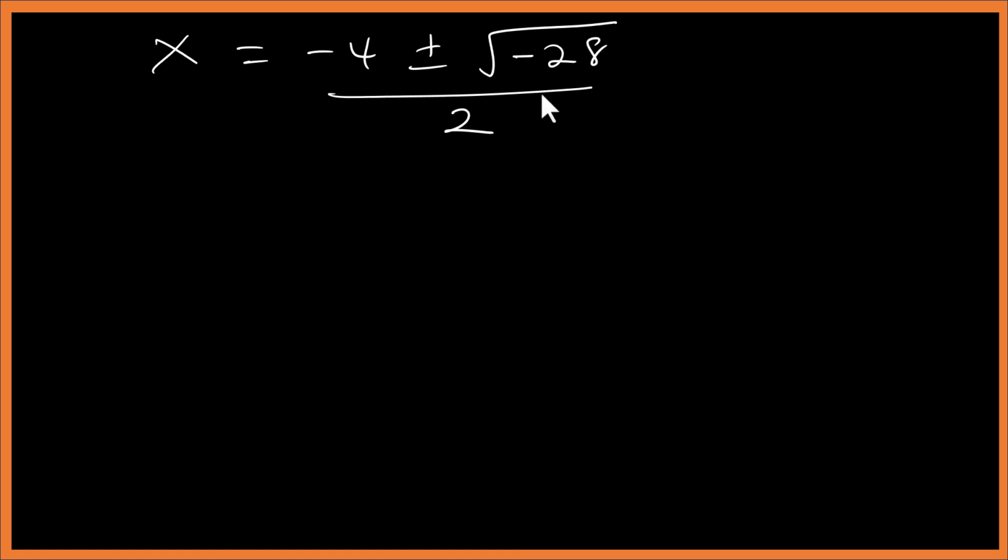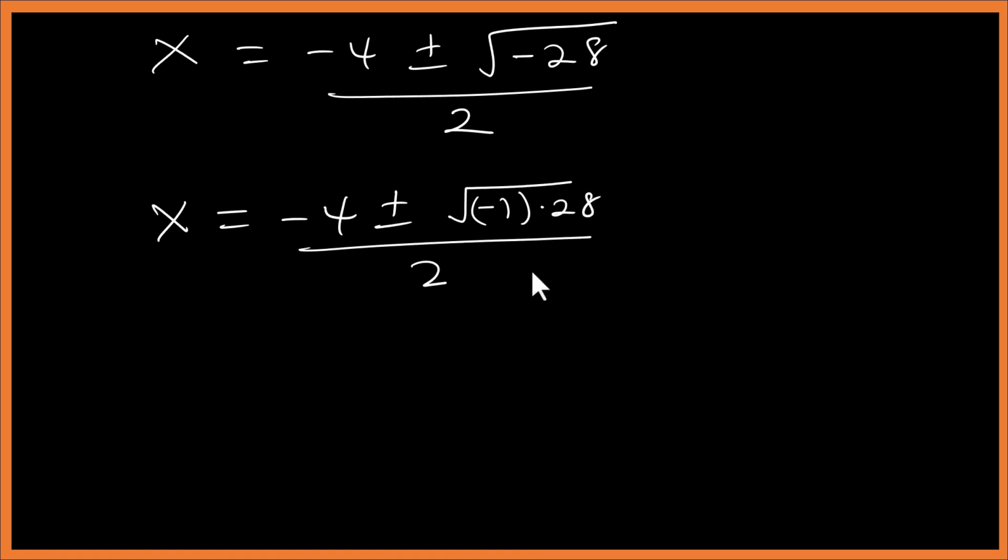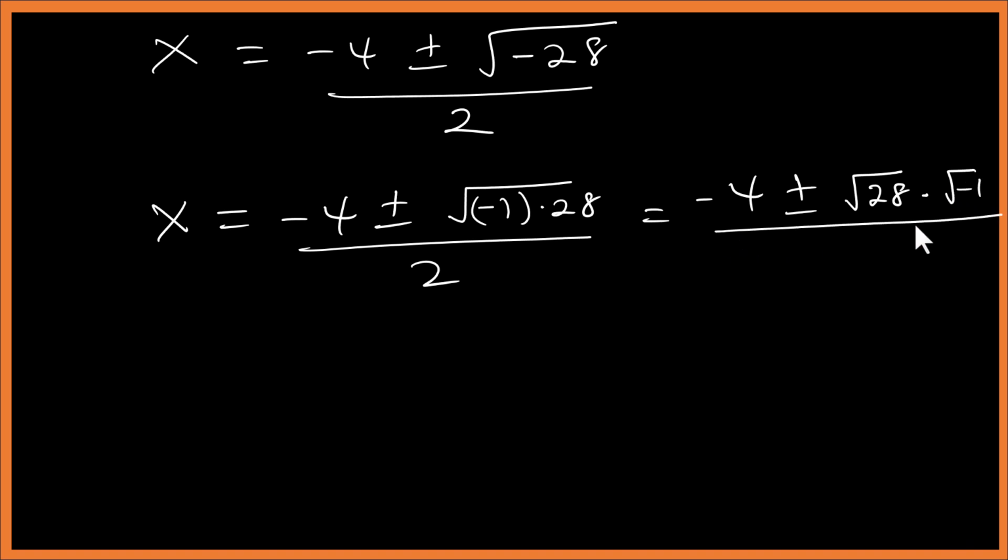So from here we can write x equals minus 4 plus or minus the square root of minus 1 times 28, on 2. So we have minus 4 plus or minus the square root of 28 times the square root of minus 1, on 2.